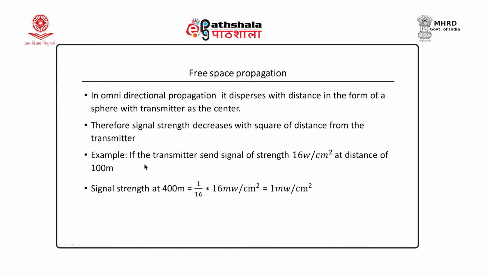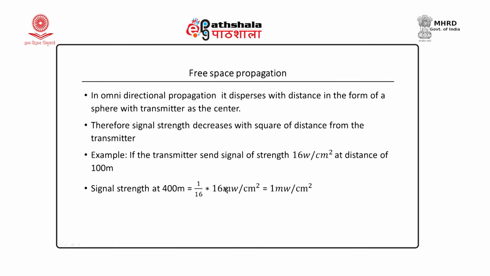For example, if the transmitter sends a signal of strength 16 watt per centimeter square at a distance of 100 meter, what will happen to the strength of the signal at a distance of 400 meter? The distance has increased 4 times. So, as per the inverse square law, the strength should decrease 16 times, because the strength is inversely proportional to the square of distance.